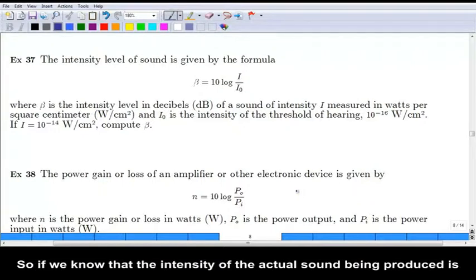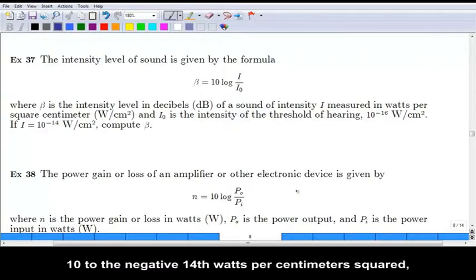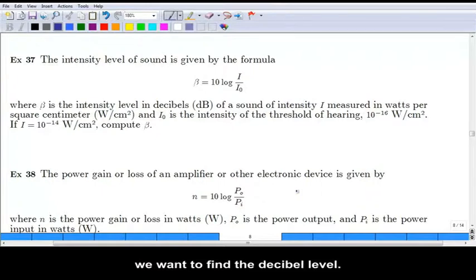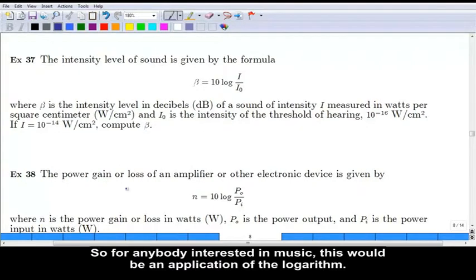So if we know that the intensity of the actual sound being produced is 10 to the negative 14th watts per centimeter squared, we want to find the decibel level. So for anybody interested in music, this would be an application of the logarithm.